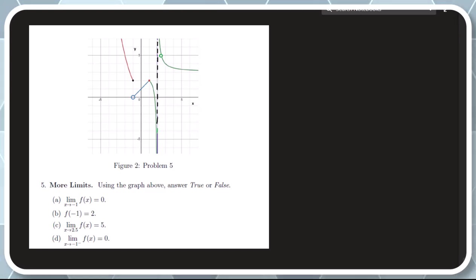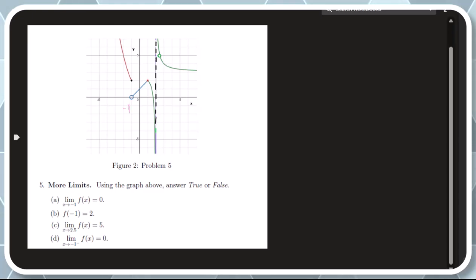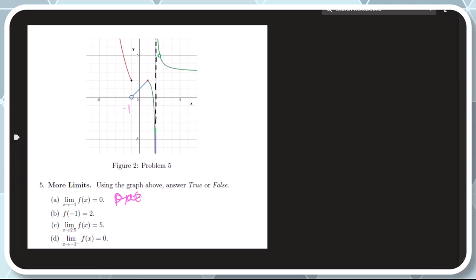So A, the limit as x approaches -1 of f of x equals 0. That is false. Here's -1 right here. I can tell very clearly that the limit from the left and the limit from the right are not the same. So when the limit from the left does not equal the limit from the right, the limit does not exist. So the answer is false.